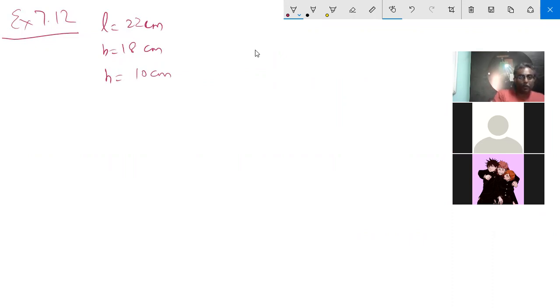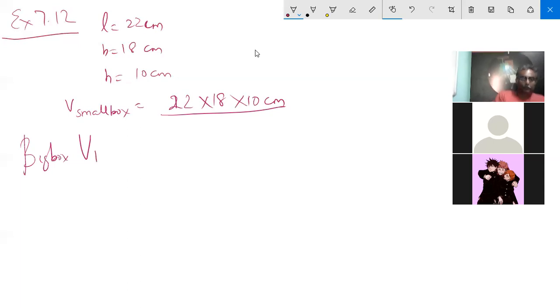Okay, so the small box volume is equal to 22 into 18 into 10 centimeters. Now, how many of them can be packed in a carton of dimension?